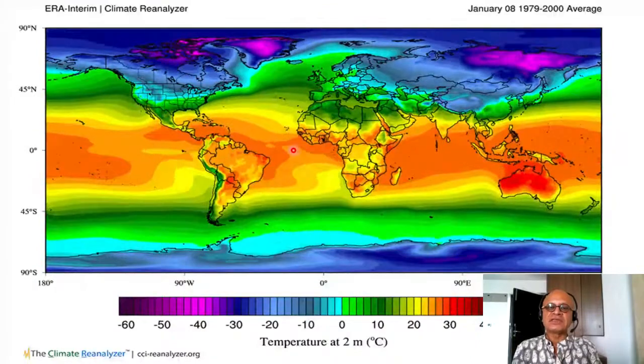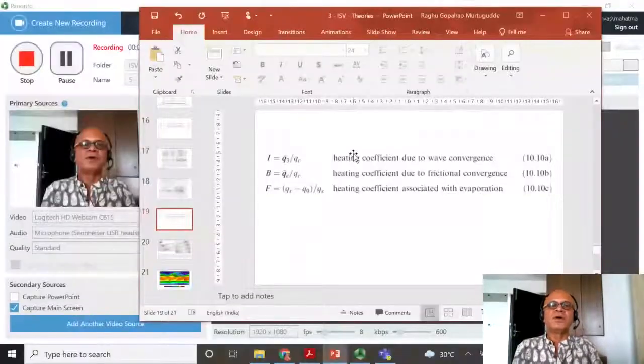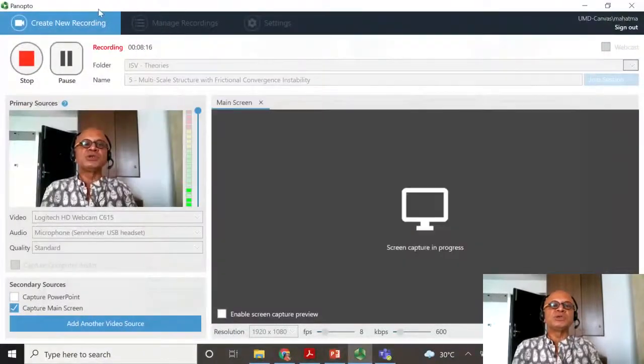And it can explain the longitudinal contrast of the MJO propagation speeds.